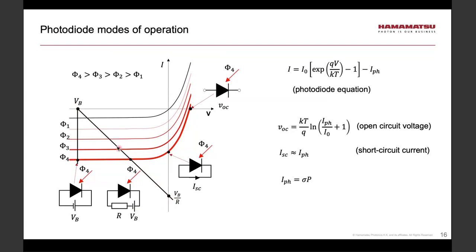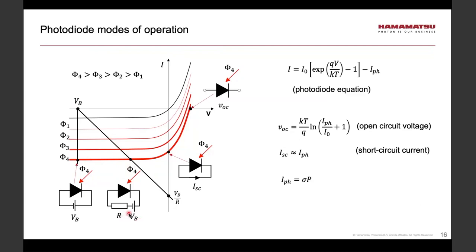Please note that as the light level changes, that Q point would move along this line depending on the light level. Since we're in the flat part of the IV characteristic, we have good linearity. Now you may be wondering, why do we use this reverse bias?